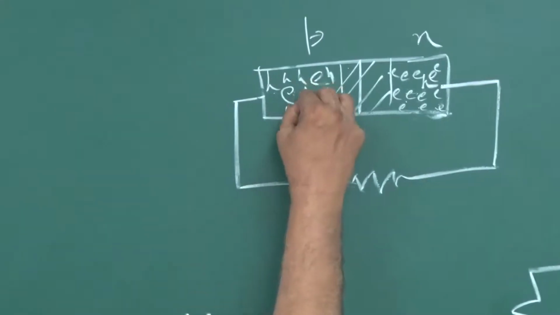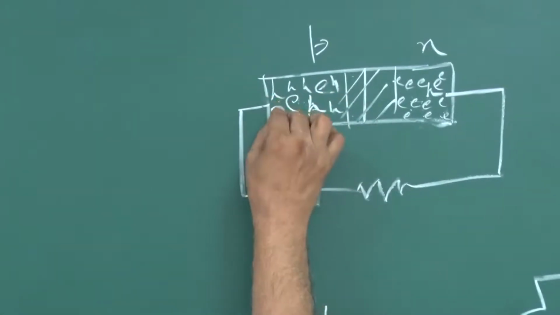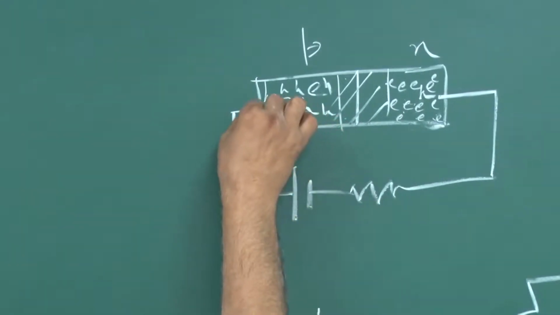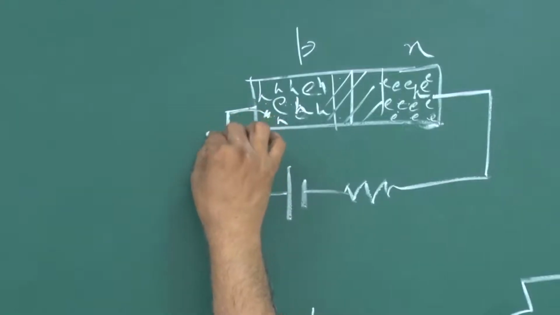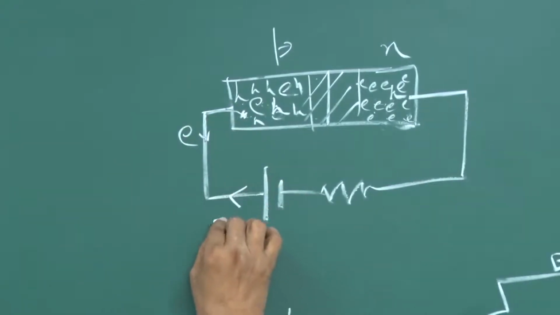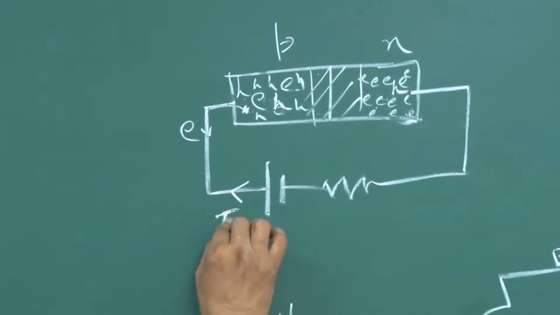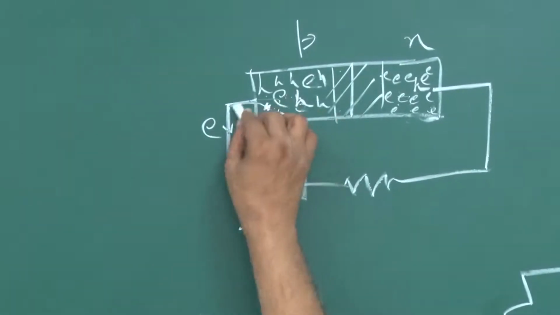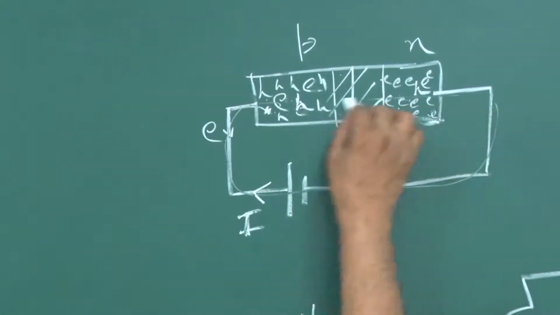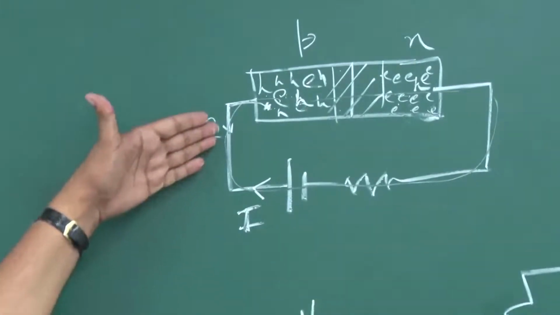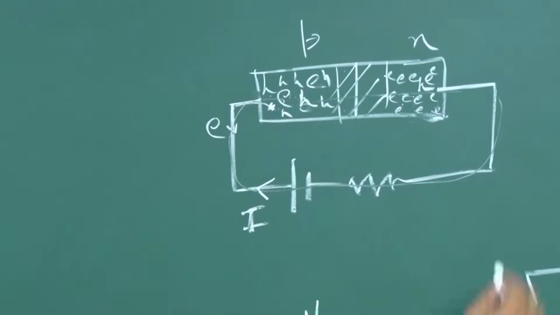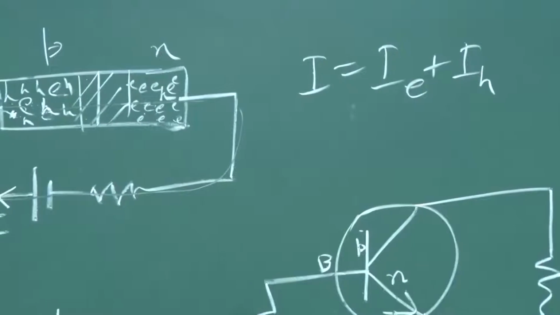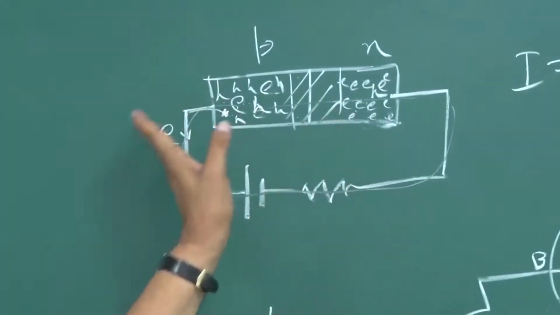And that happens, some electron hole pair will be broken here, and then that extra electron will flow through this, and therefore that will contribute to this current I, which is going here. And of course, once the electron is here, it will go through this and complete the circuit, and that will contribute to IE. I is equal to IE plus IH. So because of these conduction electrons, you have the current.